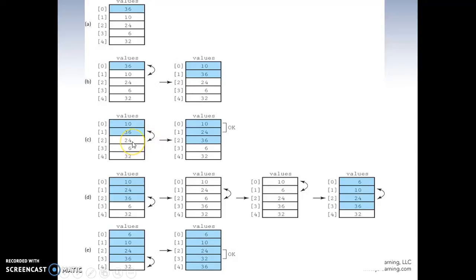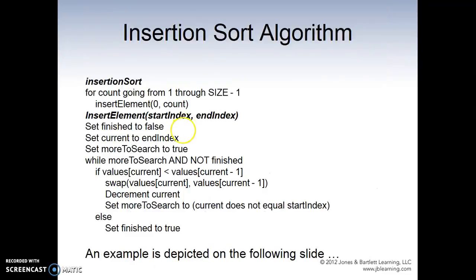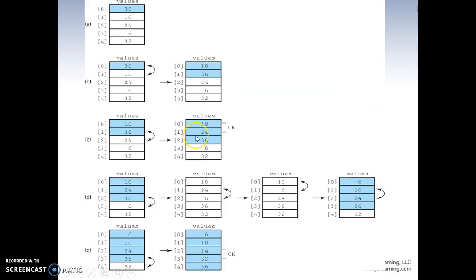So this is 24. Let's look at the one before it. 24 and 36. Yes, we have to swap. It's still in the same iteration of insert elements, because there's still more to search since current does not equal the start index. Let's go back, and you see current is always decremented, so now current is moving to 24 and comparing with 10. Then there's no more, because we don't have to swap.